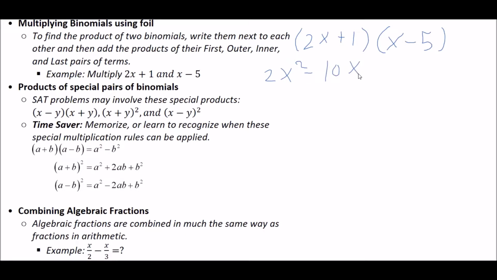The inner terms are 1 and x, which gives us 1x. And the last terms are 1 and negative 5, which gives us negative 5. Then we add all of them, so it's 2x squared minus 9x, because negative 10x plus 1x is minus 9x, minus 5. And that is our answer.